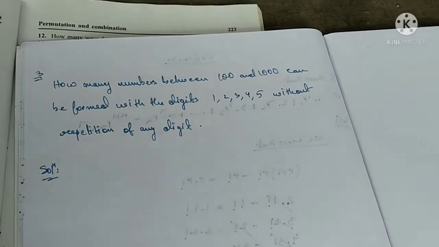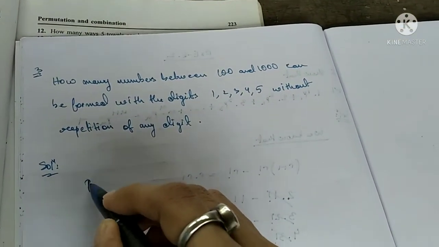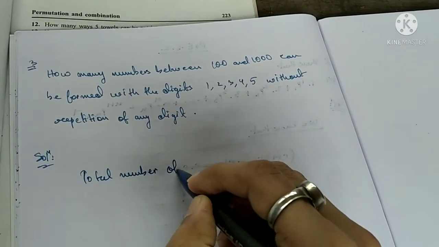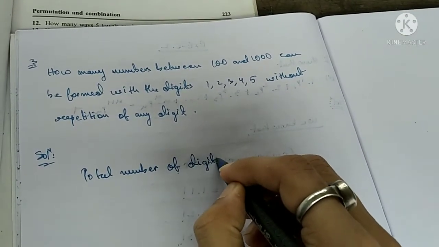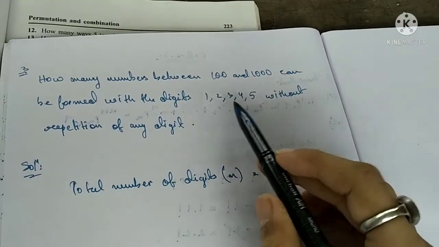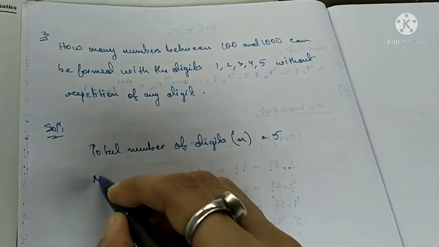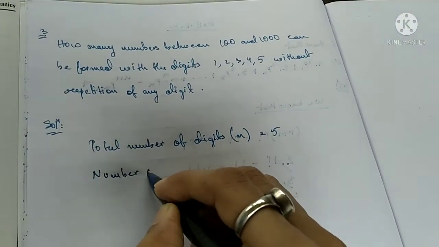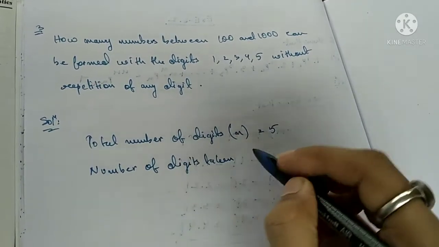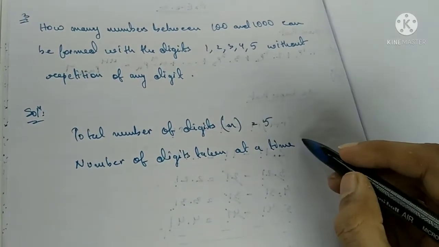Okay, so in here you see, the total number of digits, which is n, is 5. Yes, total number of digits 5 there. And next, the number of digits taken at a time.